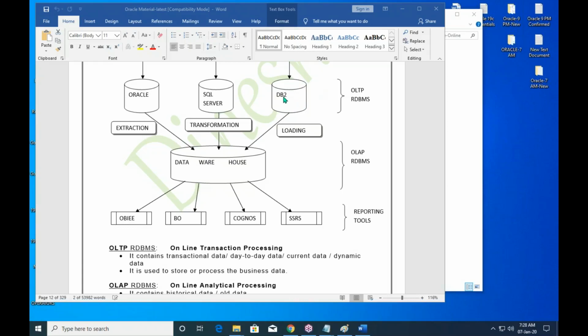Once a quarter of data, a simple example: just recently we finished the year 2019. The 2019 last quarter is October, November, December. So on December 31st night, they will load the data from here into the OLAP database.